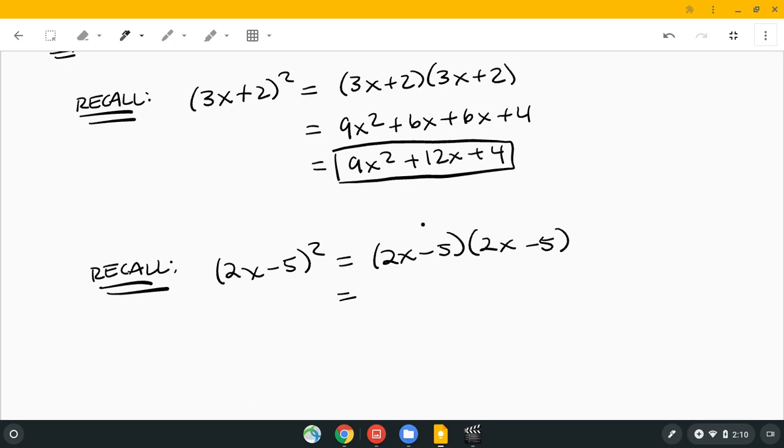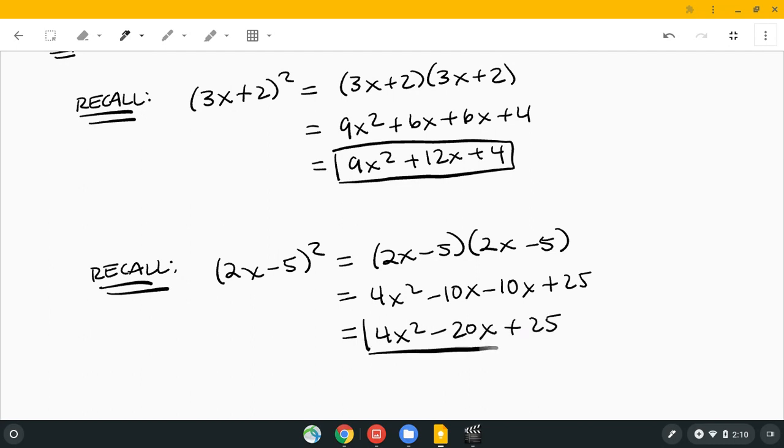Okay? And again, if I distribute the 2x, I get 4x squared. And then 2x times negative 5, that's negative 10x. And then I go inside here, distribute the negative 5, I get negative 10x. And negative 5 times negative 5 is positive 25. Combining like terms, the ones in the middle, I get negative 20x plus 25.